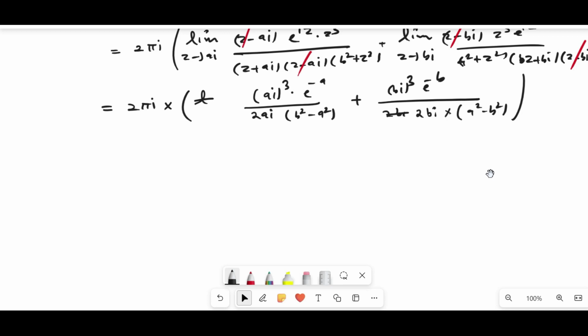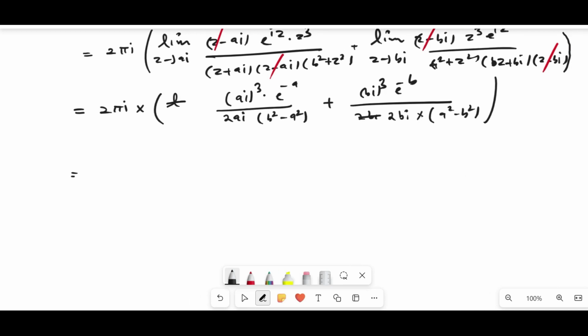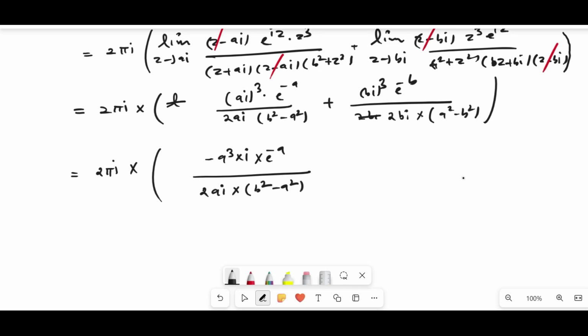So now further simplifying, it will give 2 pi i multiplied by negative a to the power 3 multiplied by i multiplied by e to the power of negative a over 2ai multiplied by b square minus a square, minus b to the power 3 multiplied by i multiplied by e to the power of negative b over 2bi multiplied by a square minus b square.